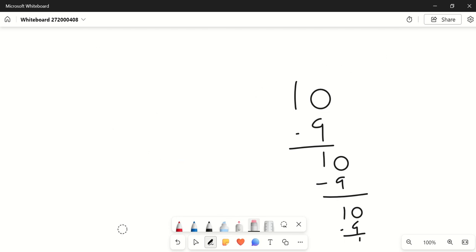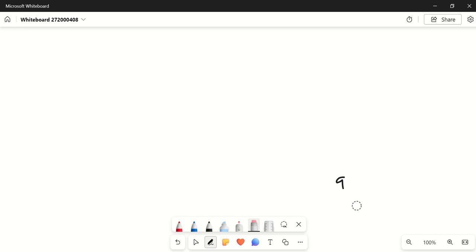So again, the difference between a terminating decimal and a repeating decimal. A terminating decimal will not have bar notation. It's a decimal that ends.